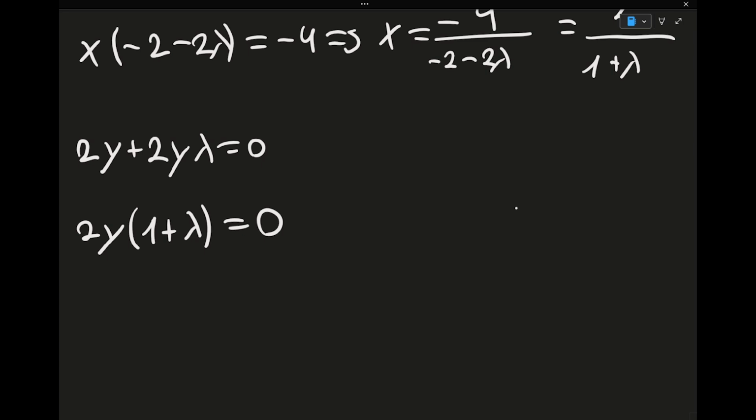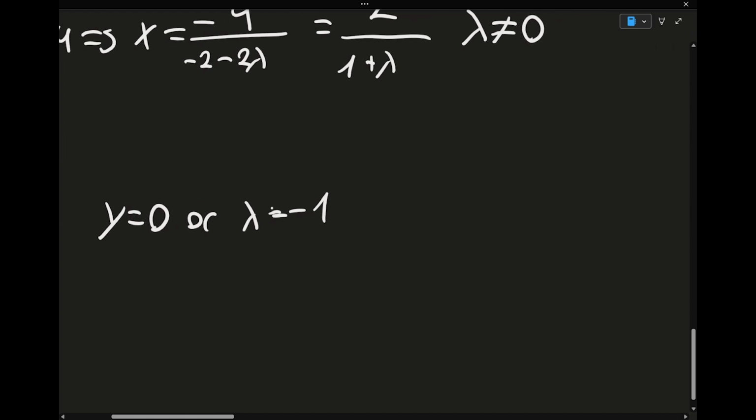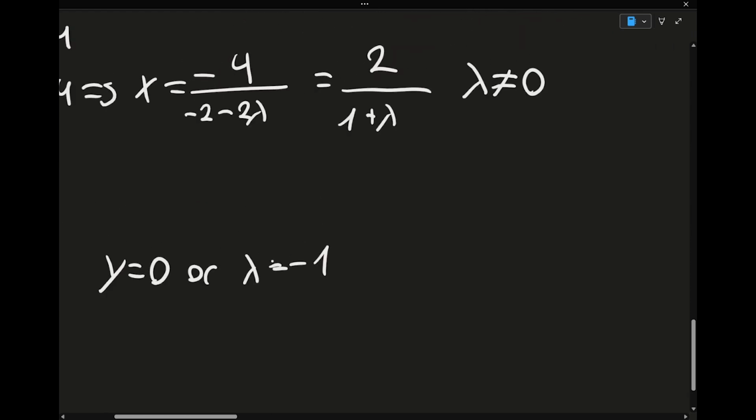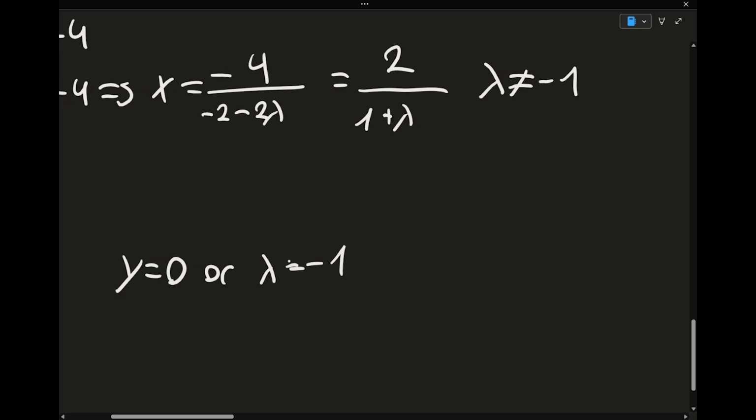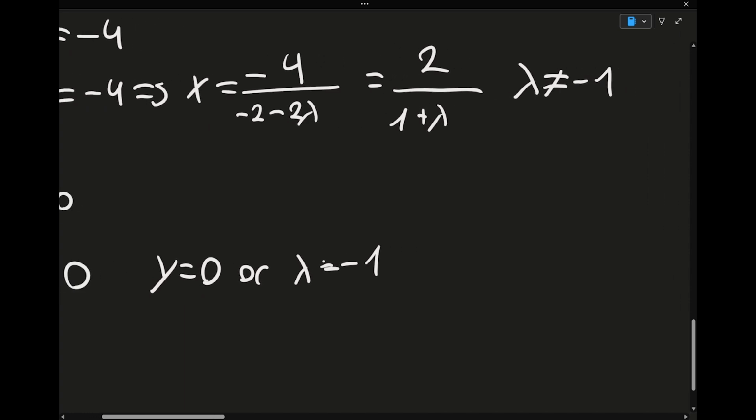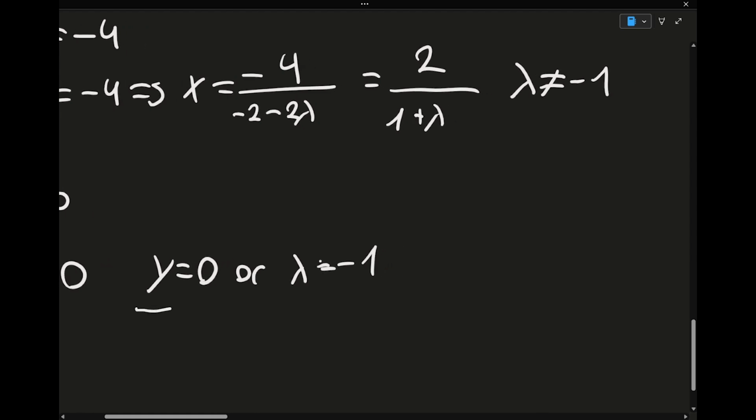Now, this equation right here only has two possible solutions. Either y is equal to 0, or lambda is equal to minus 1. But I made a mistake right here. This should not be 0, this should be minus 1. Or lambda needs to be minus 1. But in equation 1, we just assumed that lambda is not equal to minus 1. So we will just go on and say, okay, y is equal to 0.